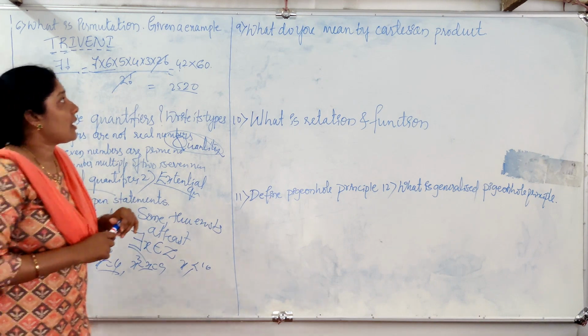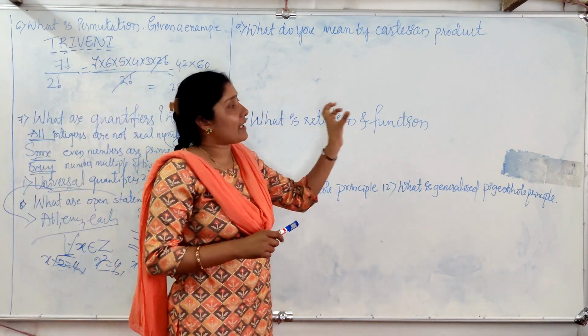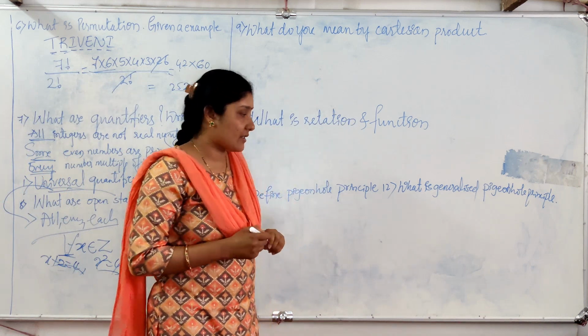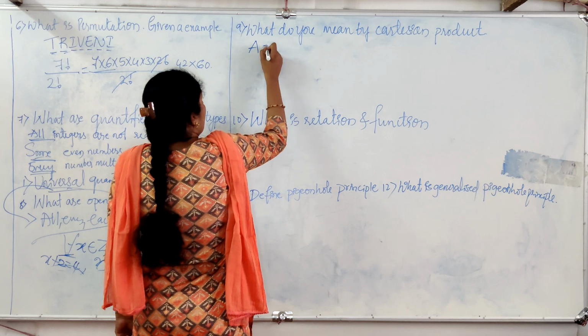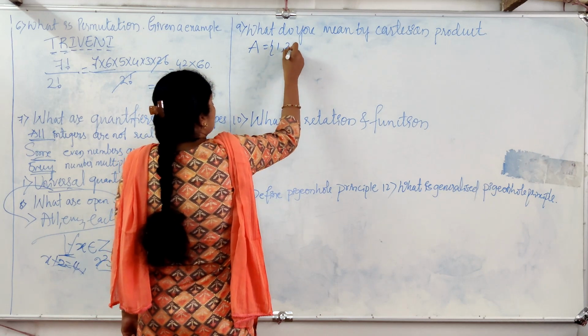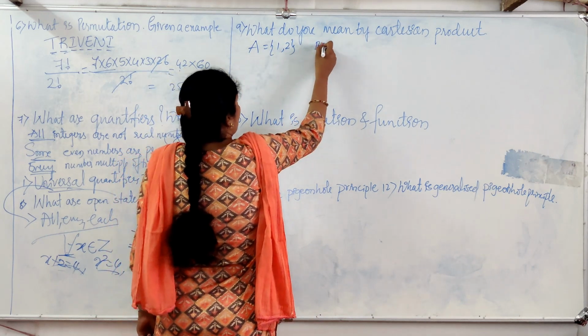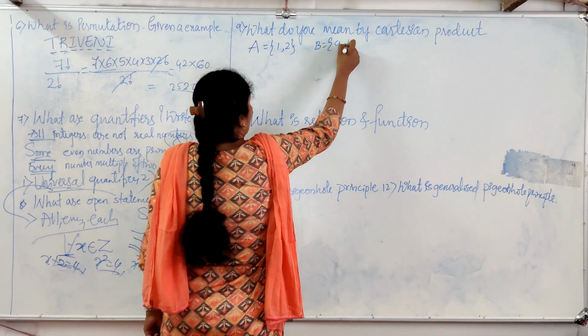Next, what do you mean by Cartesian product? We have already studied this, let me repeat it once again. Take a set A = {1, 2} and a set B = {a, b}.